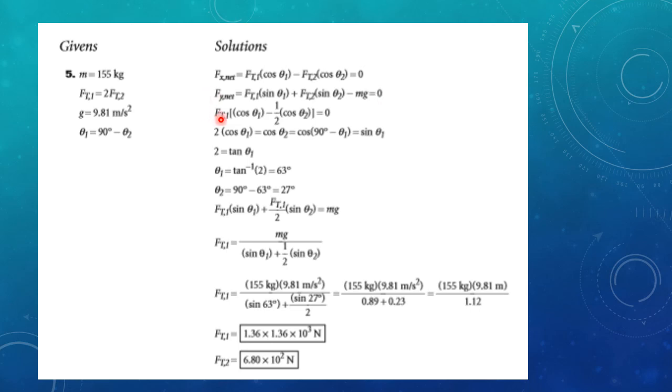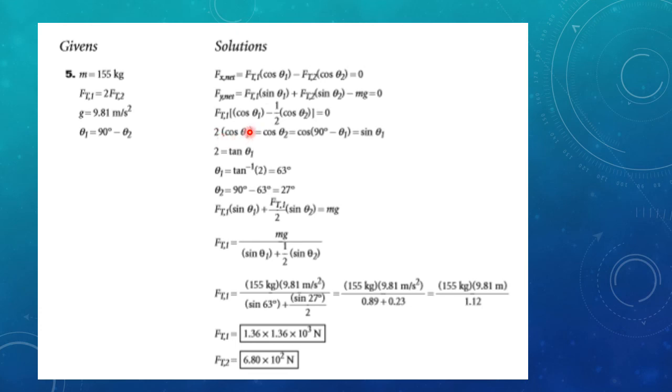Okay, coming back to the force of tension of cable 1. This would be a product, again equaling 0: cosine of angle 1 minus half of cosine of angle 2, as we combine these two terms together. All of this will equal 0. Let's deal with the angles.